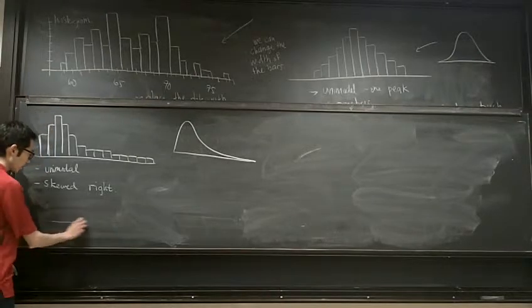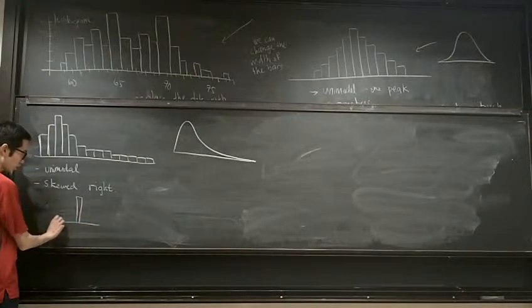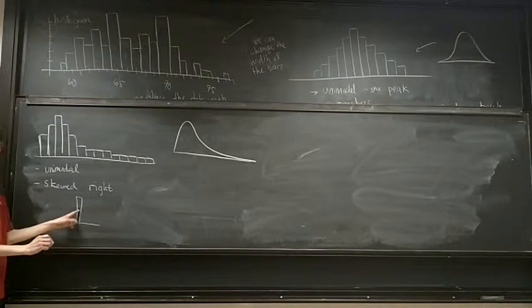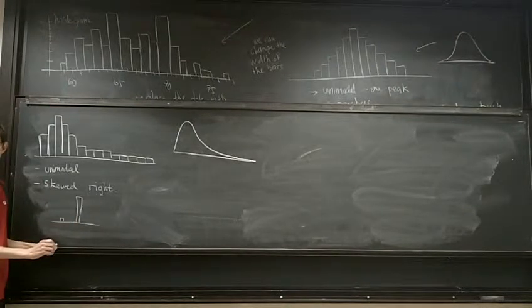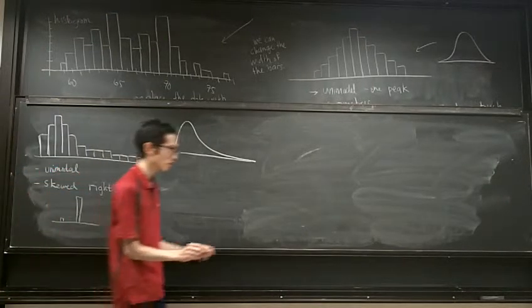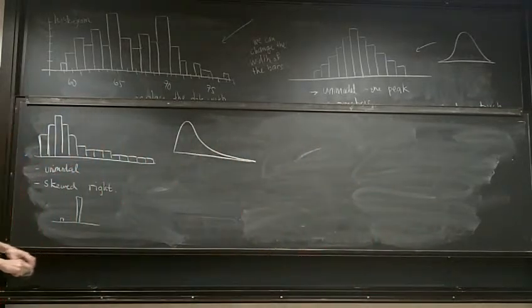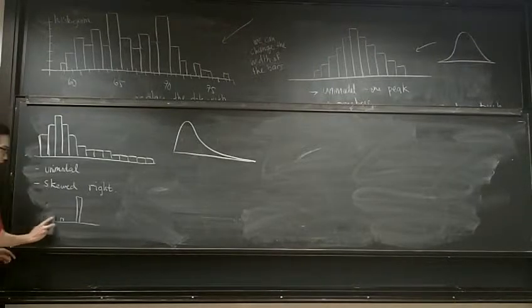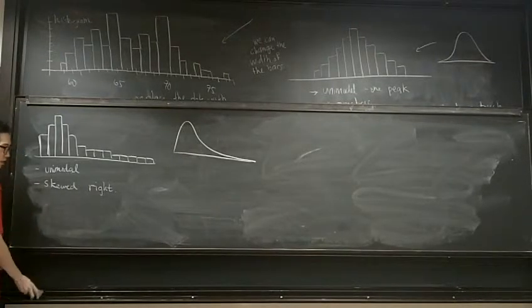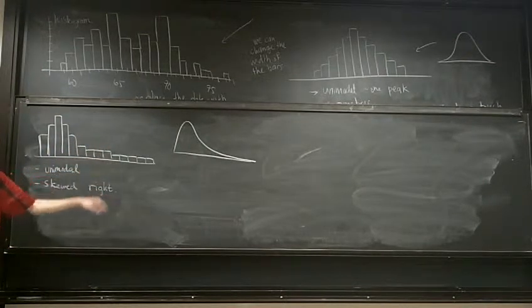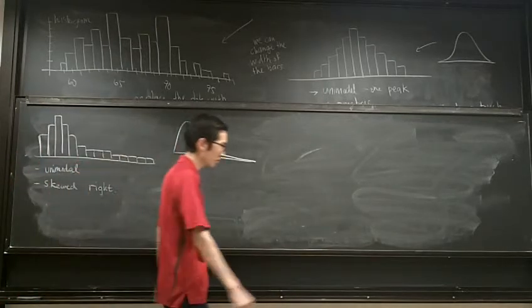In that case, everybody is at 65 and one person is at 60, so the peak is over here. I think we might be confused on something. Let me continue here, and I'll try to address your concern.